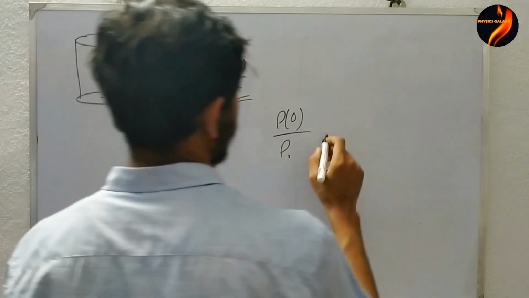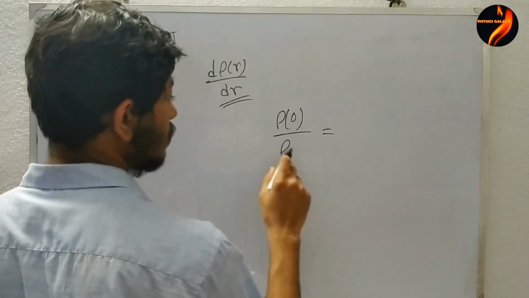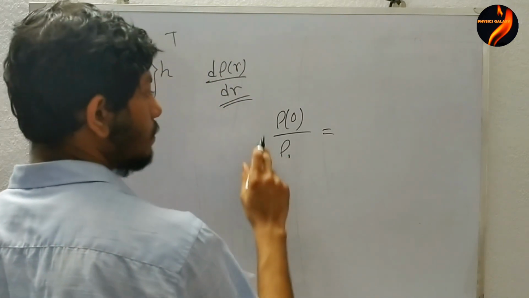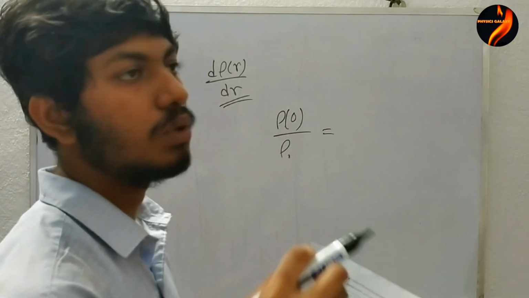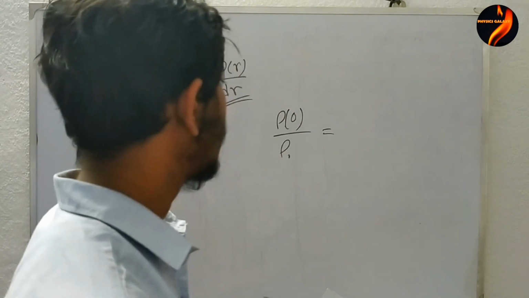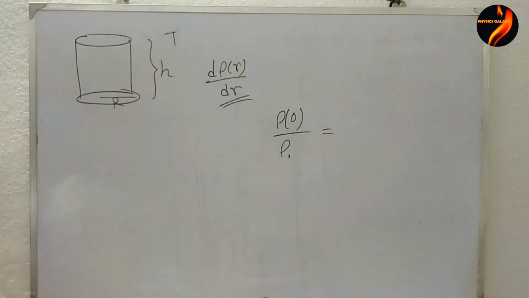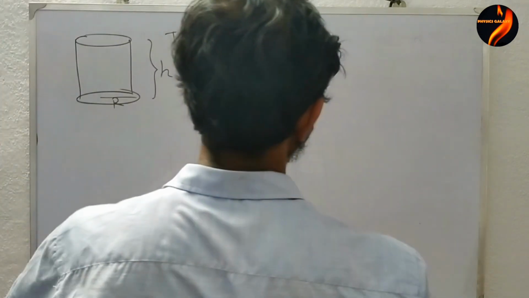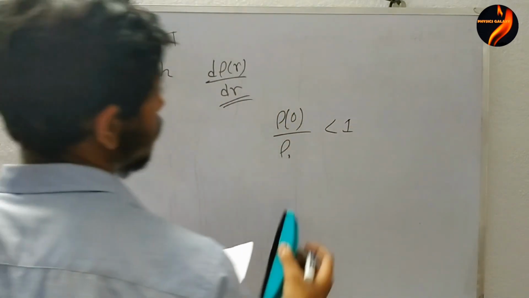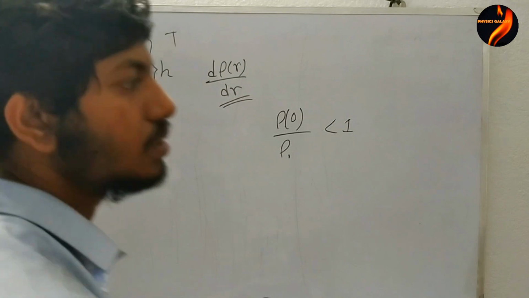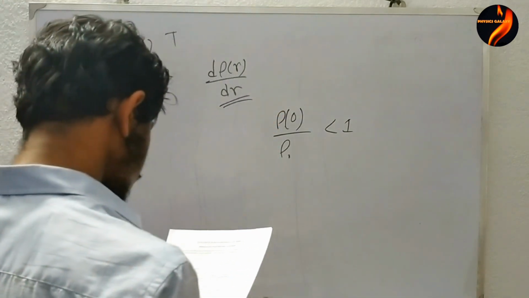When there is no angular velocity, that is rho naught, and after getting this angular velocity, the gas particles will move toward the surface of the cylinder due to the centrifugal force. So this must be less than 1, and the physical interpretation is that due to the centrifugal acceleration the gas particles move toward the surface of the cylinder.